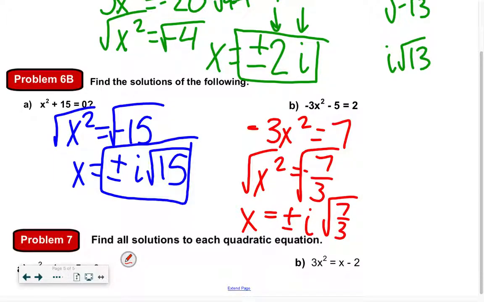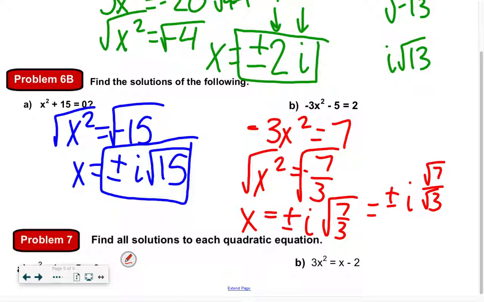Now let's talk about something that's improper in math. Technically, this says plus or minus i square root of 7 over square root of 3. And technically you're not supposed to have square roots on the bottom. So how could I get rid of the square root of 3? Multiply by the square root of 3.